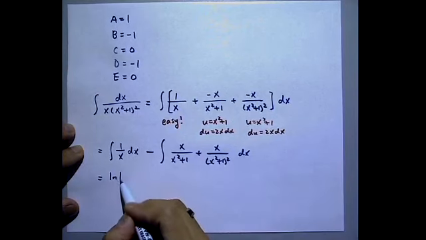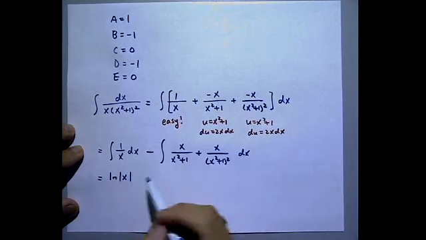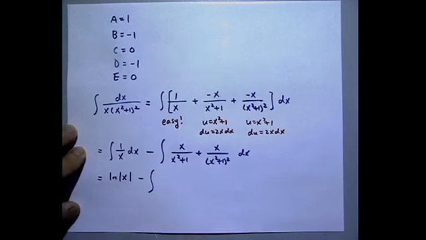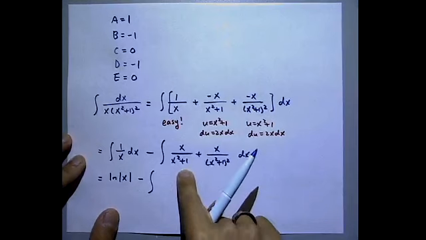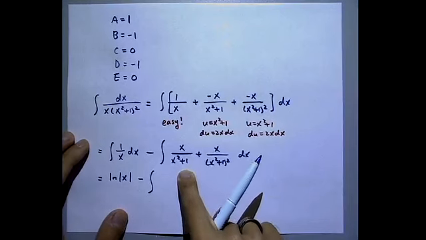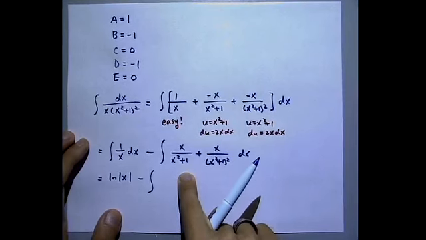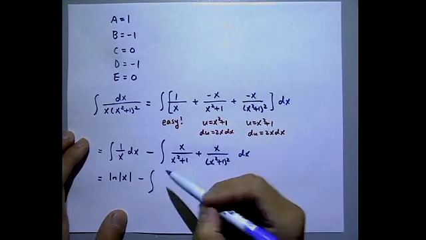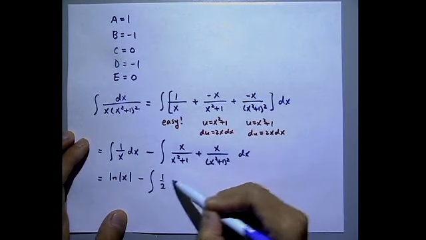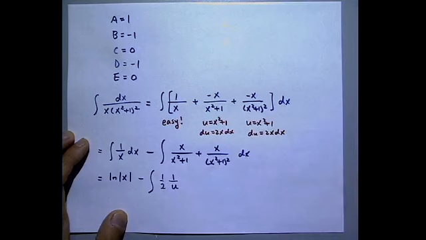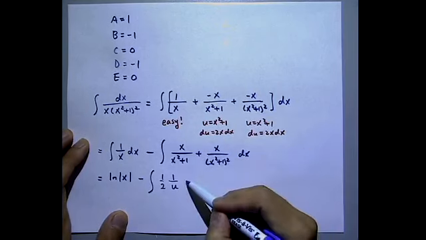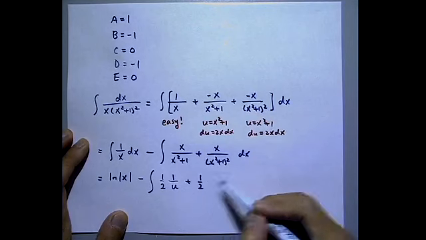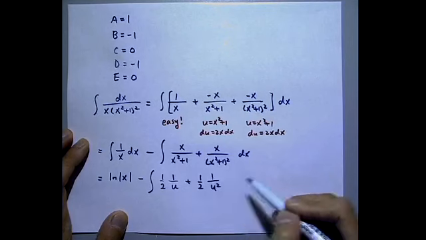This is natural log of x. And here, when you're putting the substitution, we get 1/2 1 over u. And here we get 1/2 1 over u squared du.